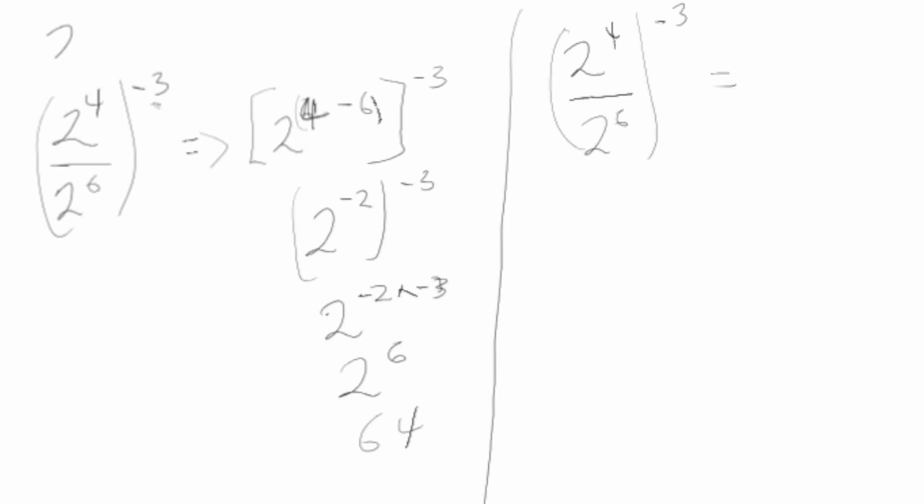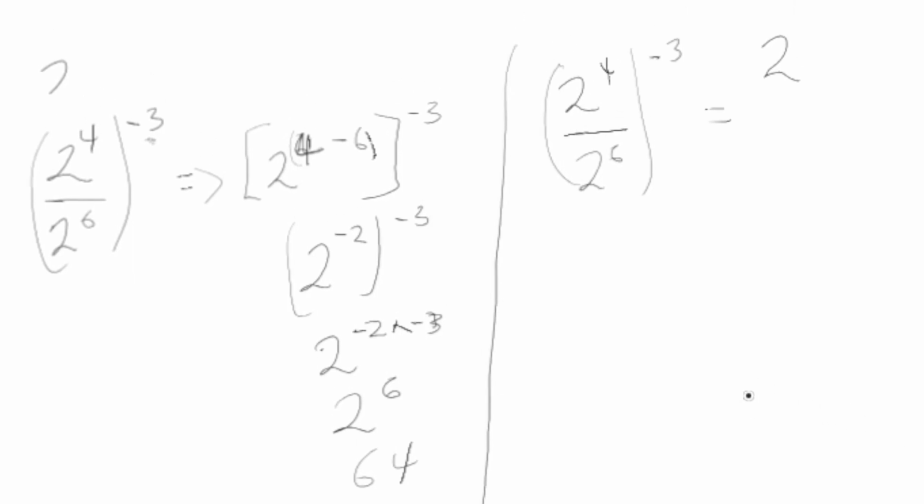So this one is going to give me 2 exponent 4 times negative 3 over 2 exponent 6 times negative 3. 4 times negative 3 gives me negative 12, over 2 exponent negative 18.